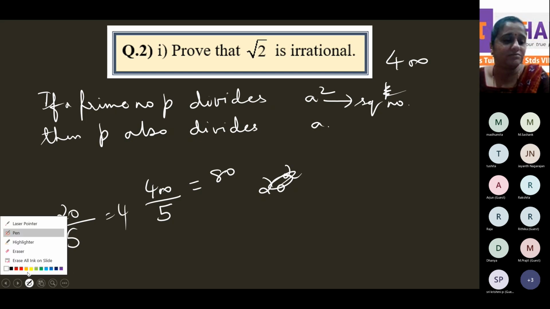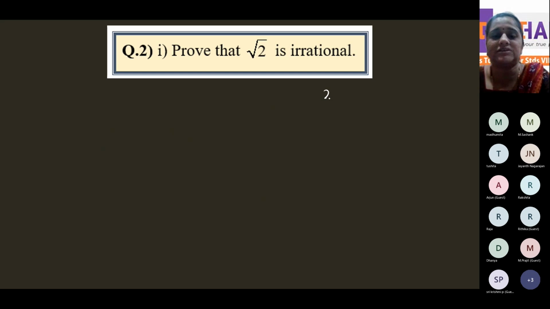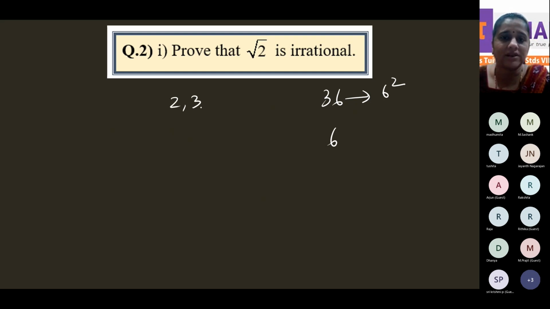Now you can try this for anything. For example, 36 and 6. 36 is the square number, which is 6 square. So a is 6. Now 2 and 3 are prime numbers, correct?